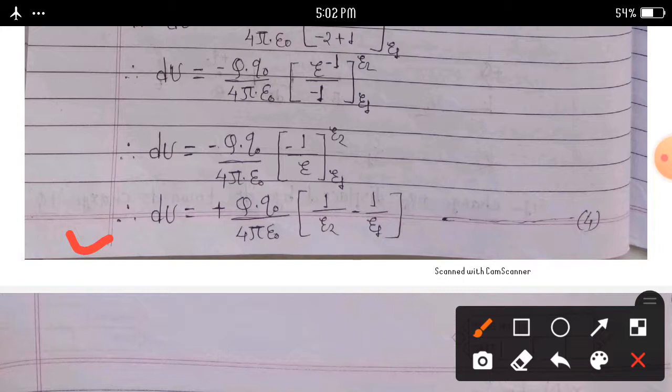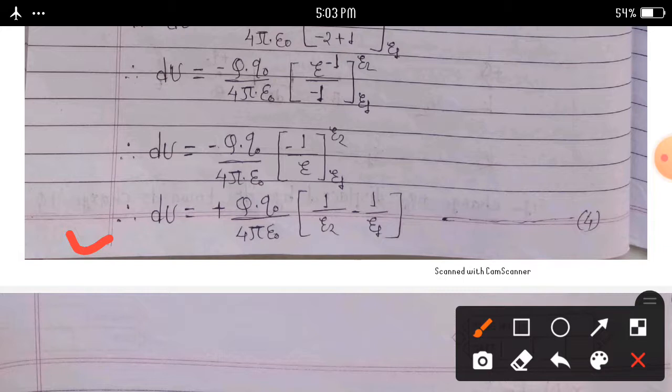This is the required equation, the expression for electrostatic potential energy. Some questions are asked on this topic: derive an expression for electrostatic potential energy.